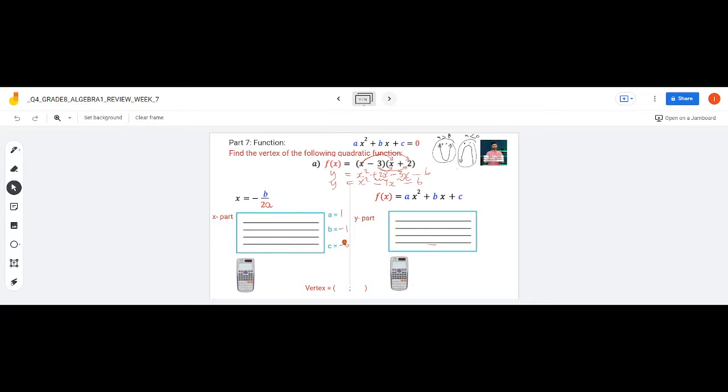Right, great. Now, the vertex works slightly different. The reason why I've mentioned this in the first place is that the vertex is basically the place where the graph turns. So if it's positive, it turns right there at that particular point, and it's got a coordinate, an x value there, and a y value.